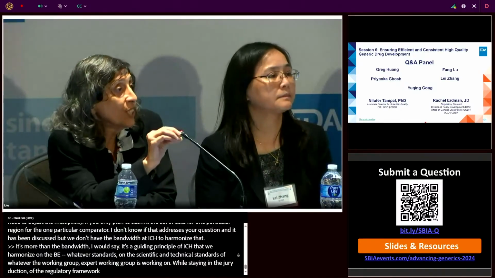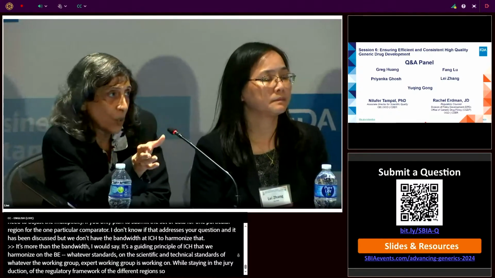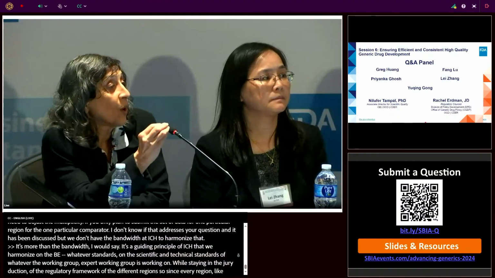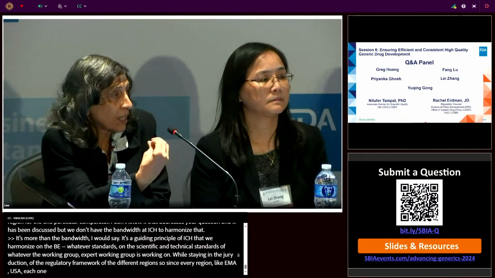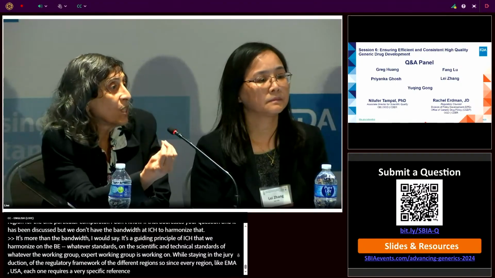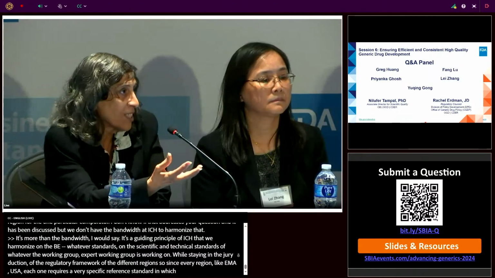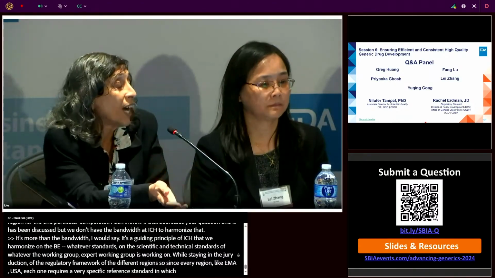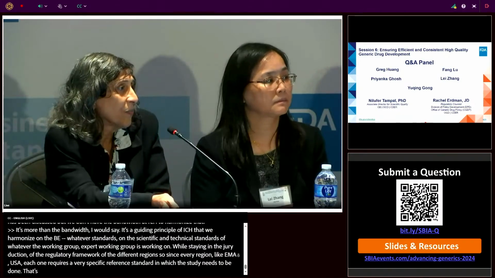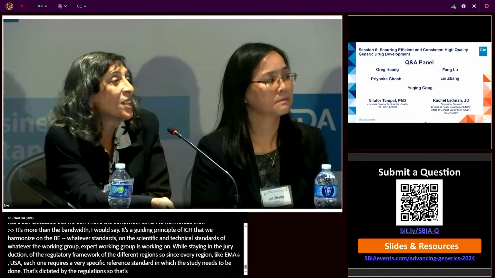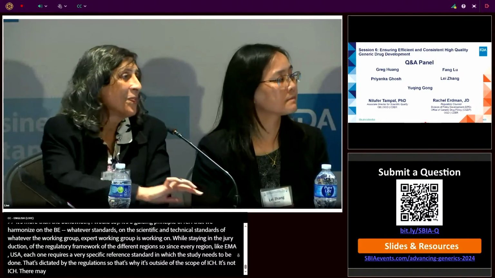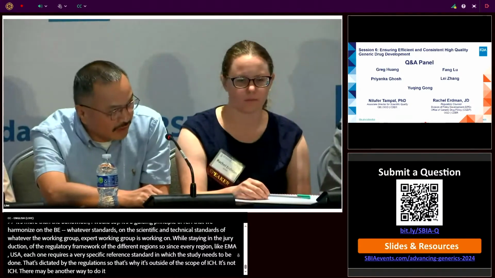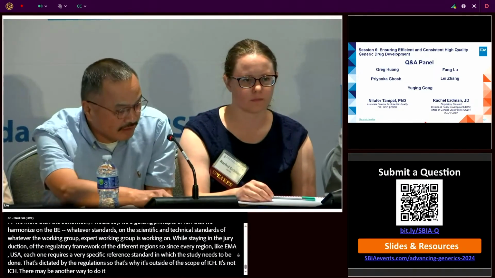Since every region, like EMA and USA, requires a very specific reference standard against which the study needs to be done, that's something dictated by the regulations, and that's why it's out of the scope of ICH. So yeah, it's not ICH, maybe some other way to do it. Please also consider comparator variability from a scientific perspective.